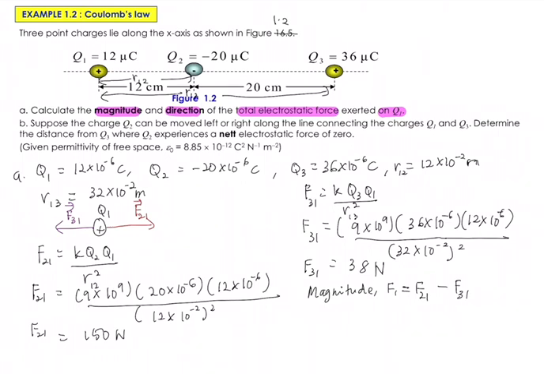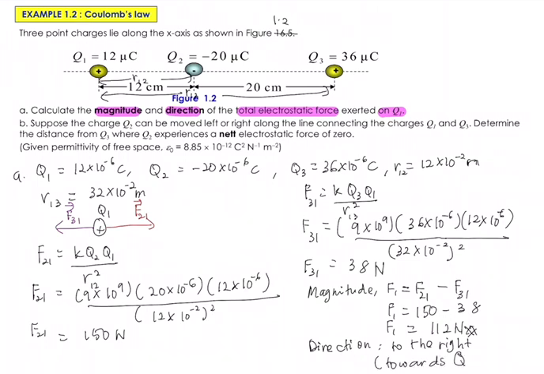So F1 is 150 minus 38, which is 112 Newton. And how about the direction? Because you get a positive value, the direction is to the right, or you can write it as towards Q2.